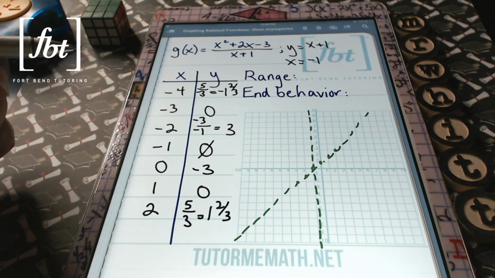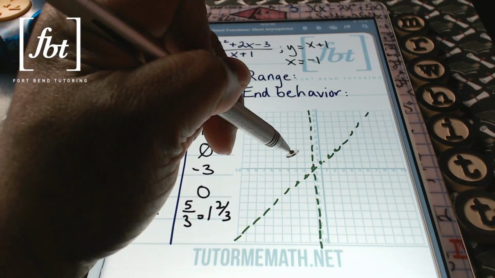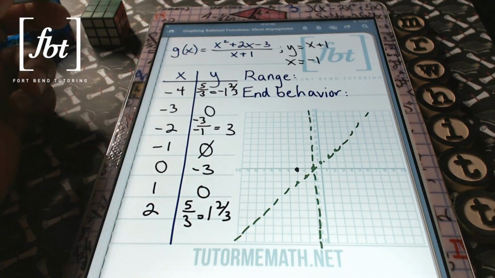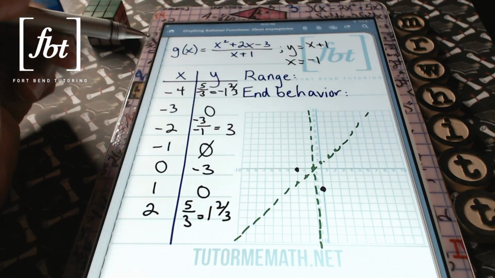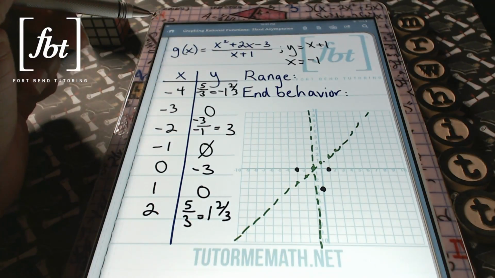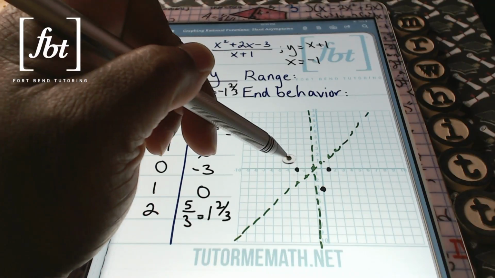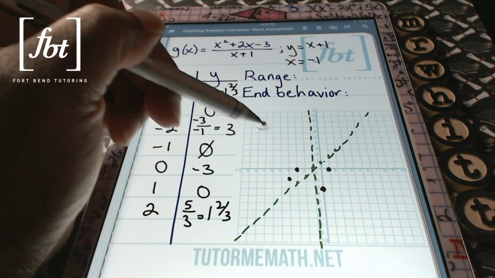Okay, let's go ahead and plot our points here. And I believe I'll begin with the intercepts. So we have a point at -3, 0. All right. We also have a point at 0, -3, which would be here. Okay. And we have a point at 1, 0, which is here. And from there, we have a point at -4 and -1 2/3, about right there.